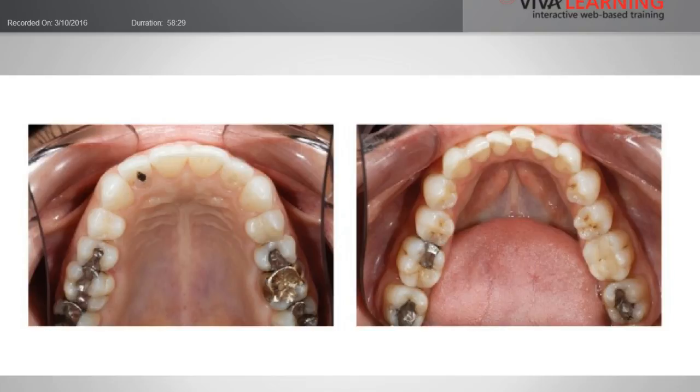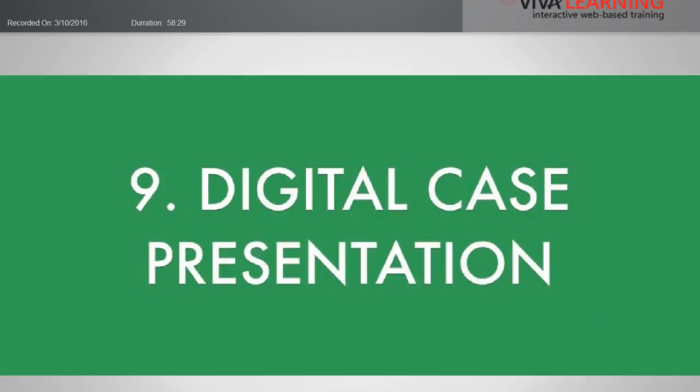So we'll walk through with the patient with their upper and lower occlusals. We'll also, perhaps if it's an aesthetic case, have a bunch of anterior views. And then we can put all of those photographs in a digital case presentation. So this is using something like PowerPoint if you're a PC user, or Keynote if you're a Mac user. And you can basically put together a bunch of slides.